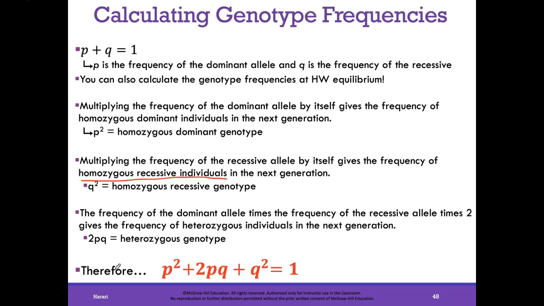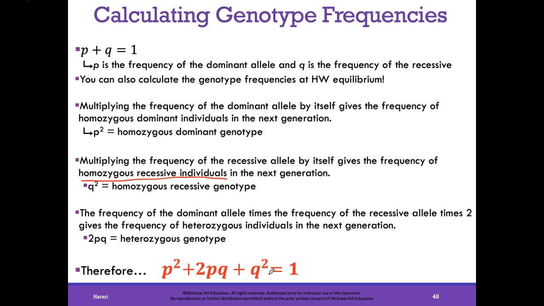But taken together, we have another very important equation that you must memorize, and that's p squared plus 2pq plus q squared equals 1. That means that if I take all the homozygous dominant individuals, all the heterozygotes, and all the homozygous recessive, that should all equal 1.